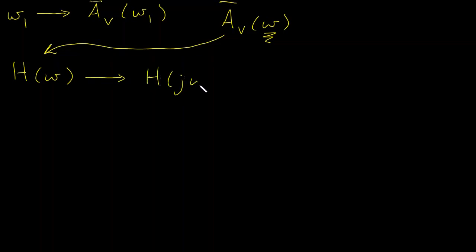of j omega. Now, the reason for that is because when we look at the impedances of the various components, whenever there's an omega, there's a j right next to it, or generally there is.